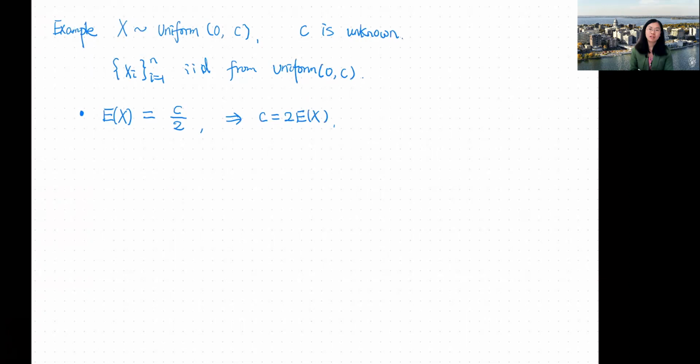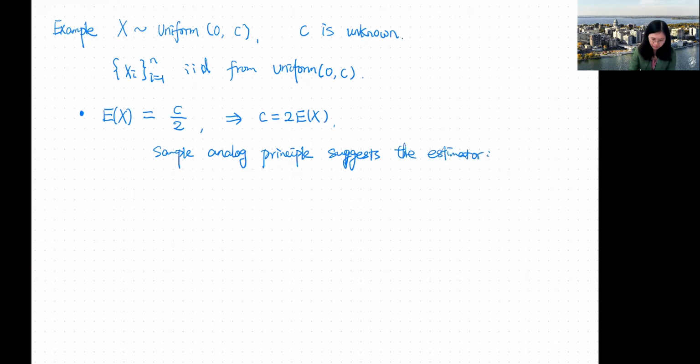And how do you estimate the expected value? We can use the sample average to estimate the expected value. So the sample analog principle motivates the following estimator, the estimator C hat that equals 2 times X_n bar.